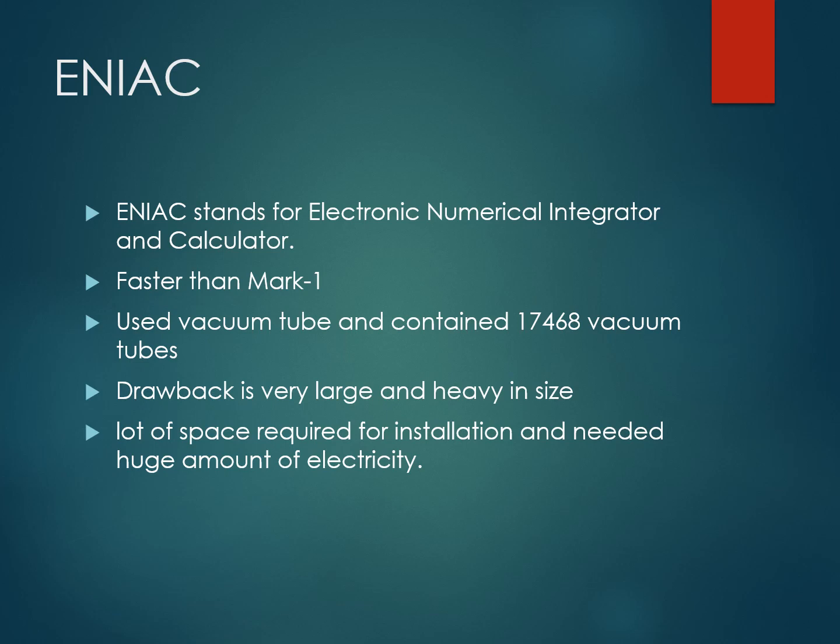Features of ENIAC: first, it was faster than Mark I. Second, it used vacuum tubes. ENIAC contained 17,468 vacuum tubes. Third, the weight of this machine was 27 tons. Fourth, 180 square feet of space was required to install this machine.